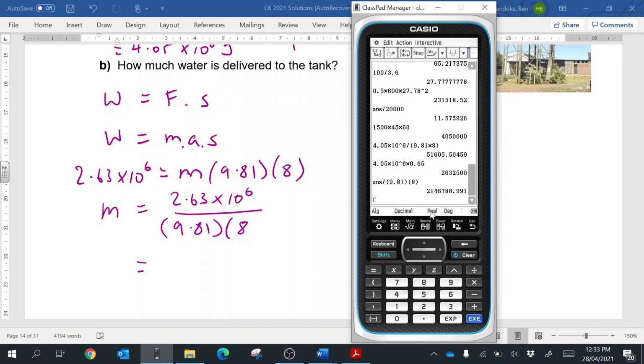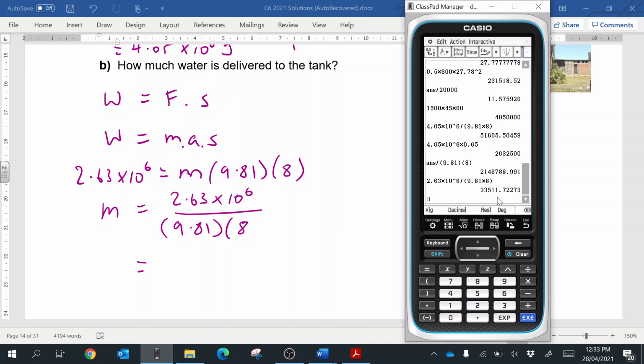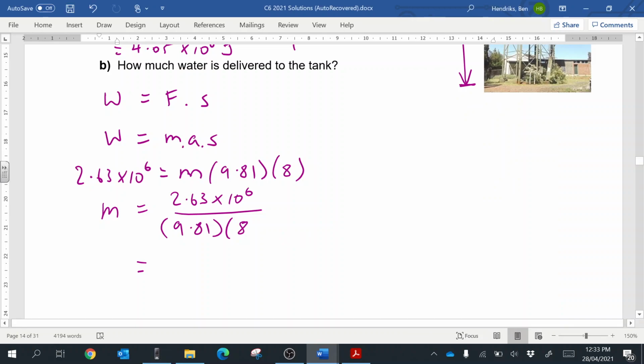I'm going to do this again. So 2.63 times 10 to the 6. That's a calculator error. Divided by, I'm going to put brackets around 9.81 times by 8 instead. There we go. That sounds a bit more like it. So it's 33,500 kilograms.